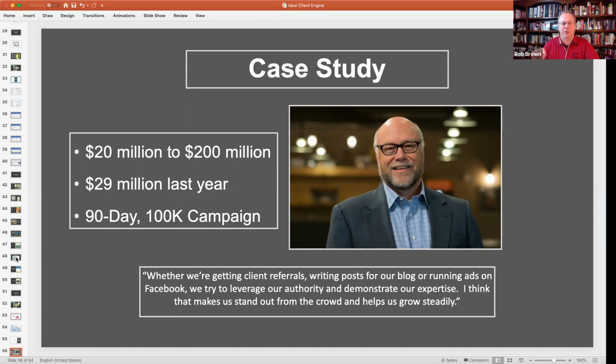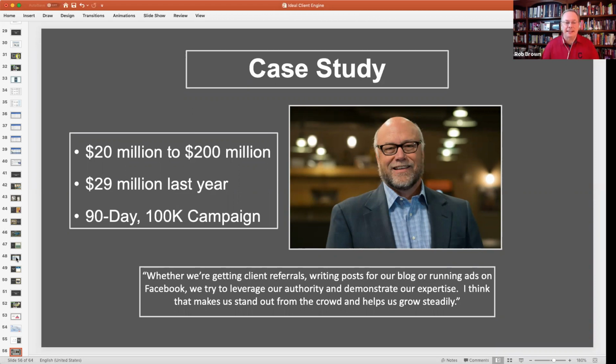Slight brag there, I helped with that. But anyway, I think he's around 230 right now. So he's grown an incredible business. He added $29 million in AUM last year, all by focusing on bringing in ideal clients. We did one 90-day campaign early on in the game that generated $100,000 in recurring revenue in 90 days.